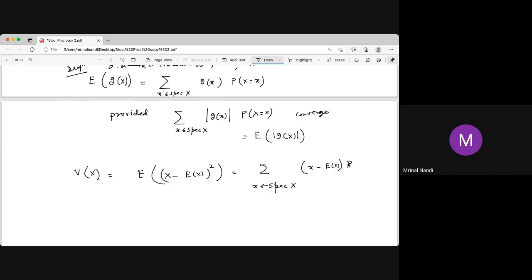And we know that the equivalent form is the summation of x square probability of X equal to x minus expectation of X, whole square.